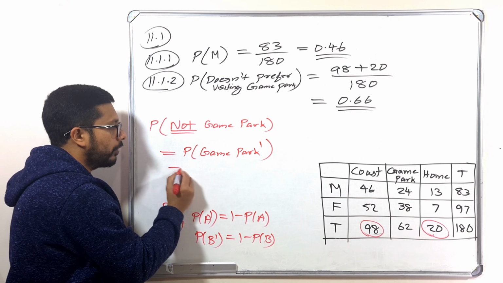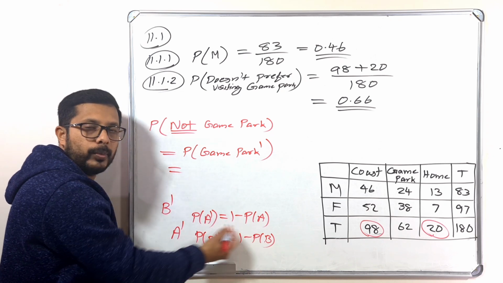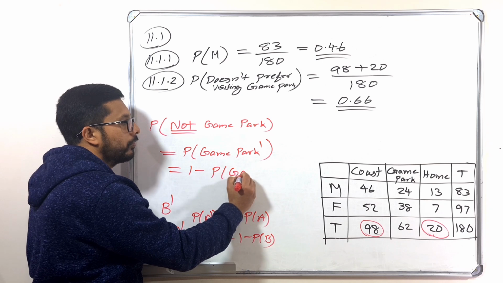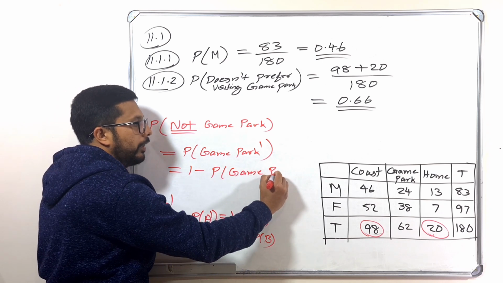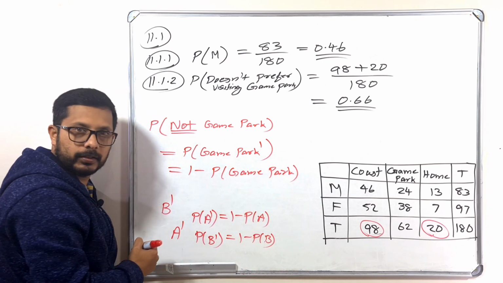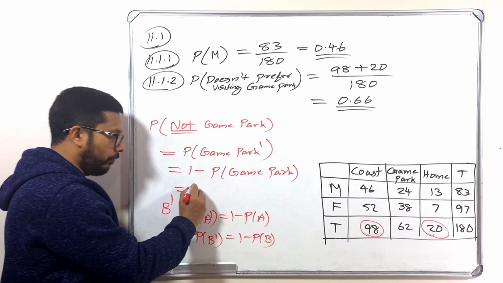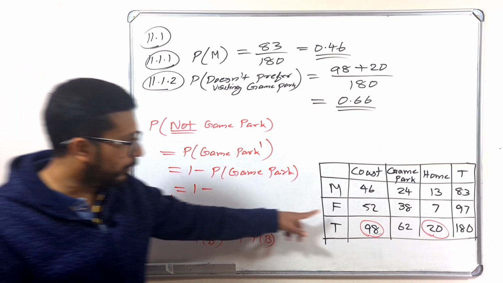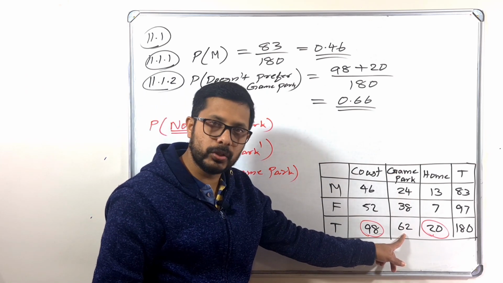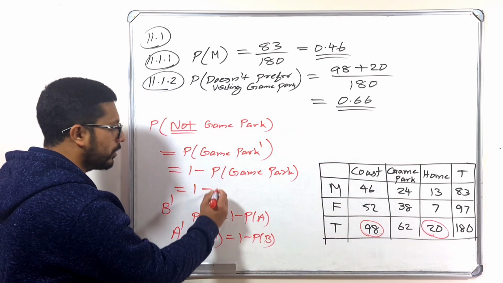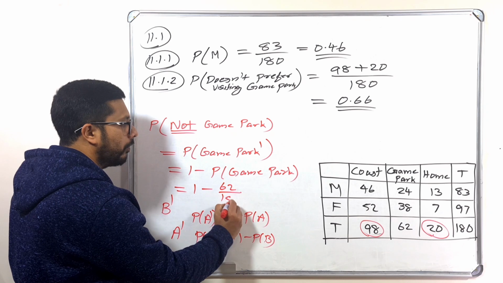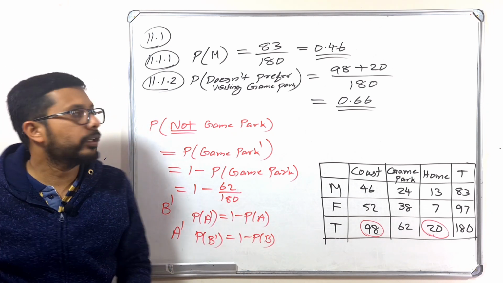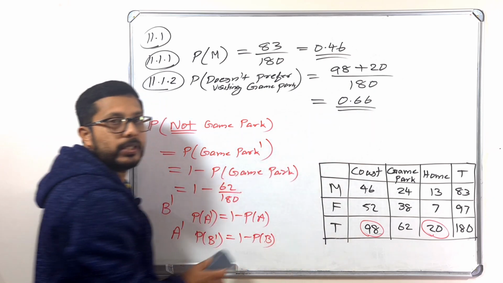So how can we write using this complement formula? 1 minus probability of game park. Game park, how many? 62. So what is the probability? 62 divided by 180. Check in your calculator. You will get the same answer, 0.66.